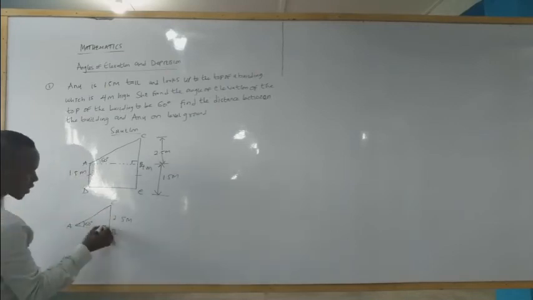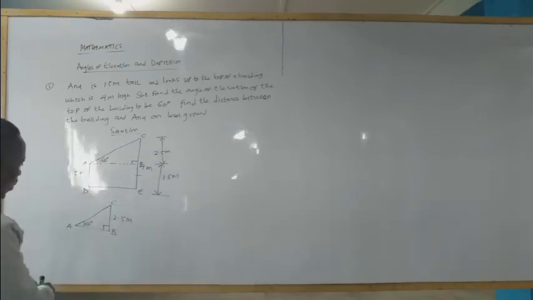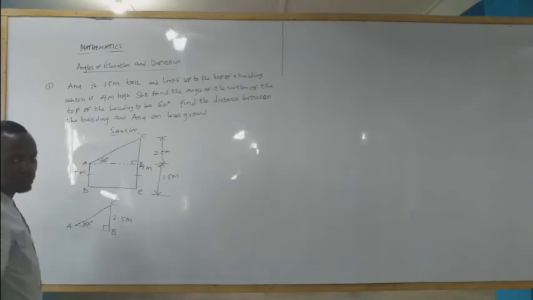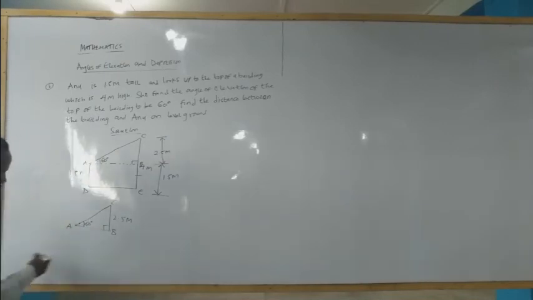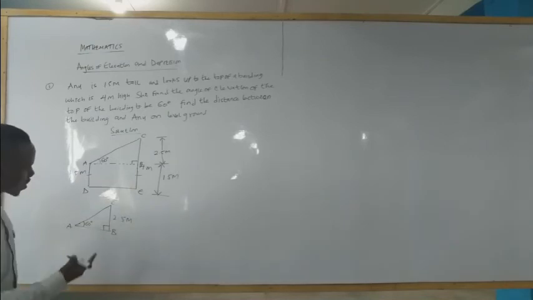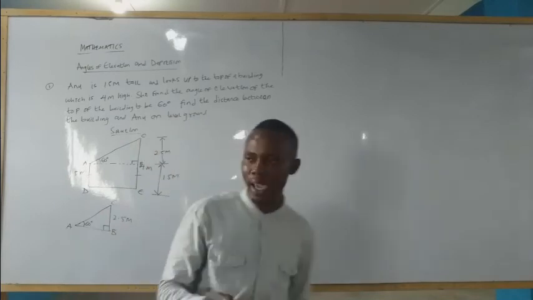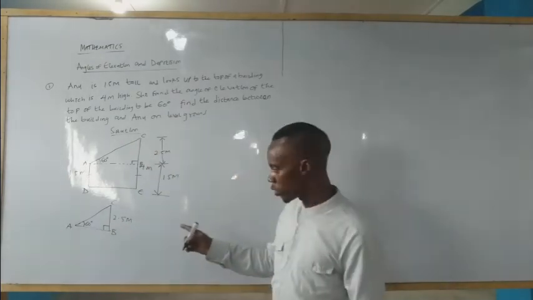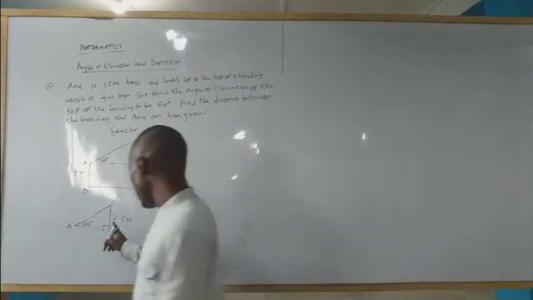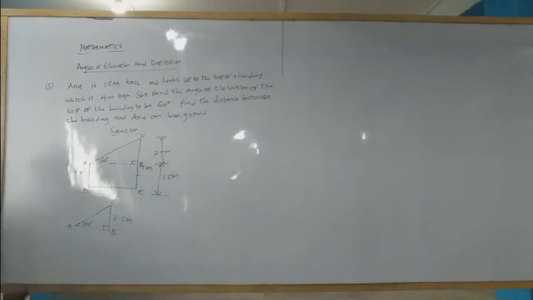2.5 meters. This is a right angle triangle. From here, we can apply the Pythagoras theorem to find AB, or we can apply the trigonometrical ratio. What ratio connects the opposite and adjacent?